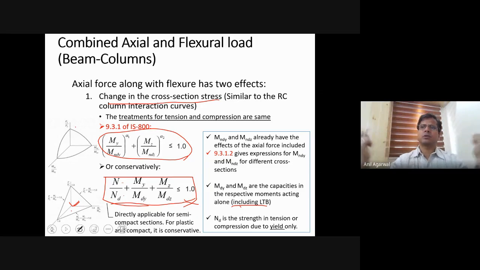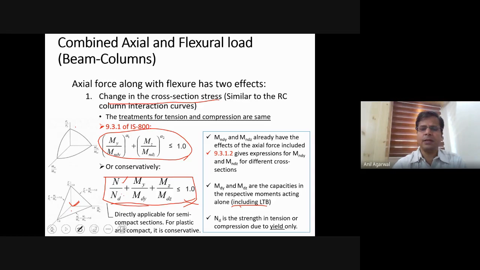If a tension axial force is applied, it will interact with the tension fiber, so that fiber will be about to yield. If compression force is applied, it will interact with the compression fiber, and the bottom fiber is going to yield first. So either way, one of the fibers is going to reach yield. It doesn't matter whether the force is tension or compression, you just substitute the values here as they are, don't put the sign, and that value should be less than 1.